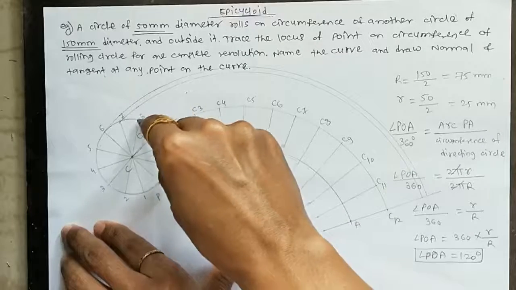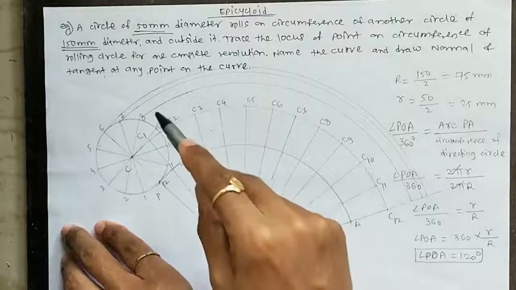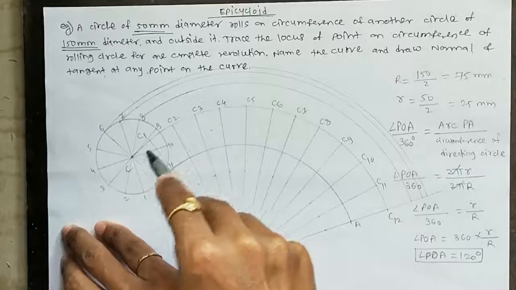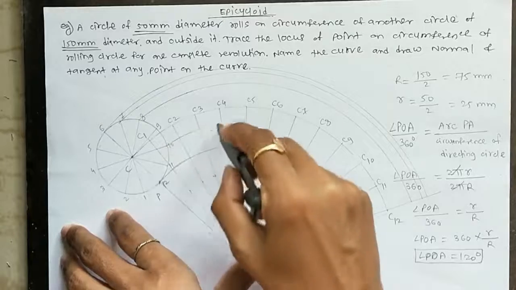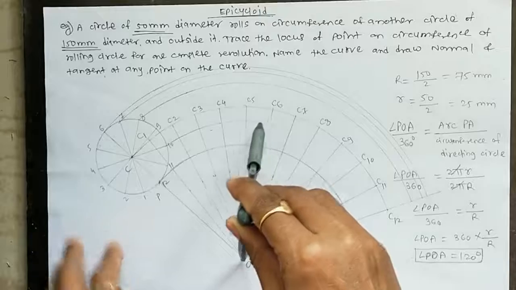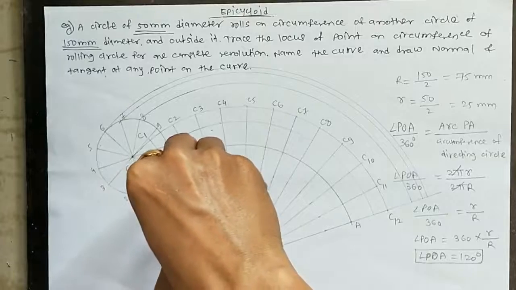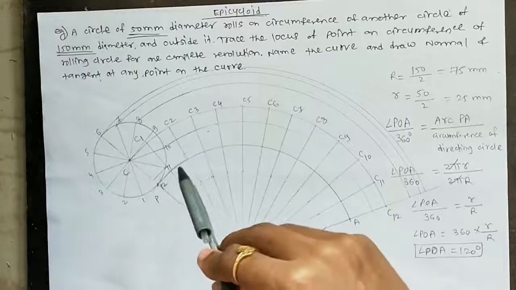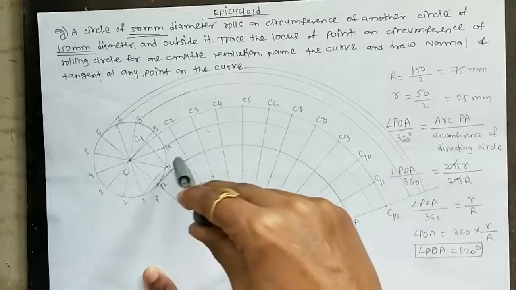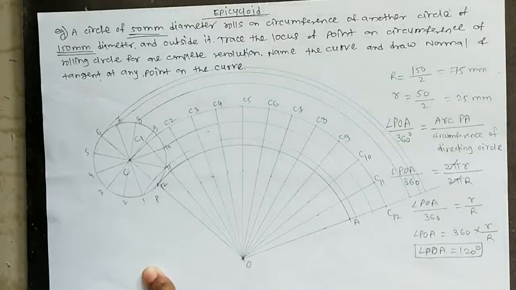Then from point 8, from point 9 we have already drawn in R. Then from point 10 and from point 11 you can draw this arc up to point 1 also. So all the arcs we have drawn.